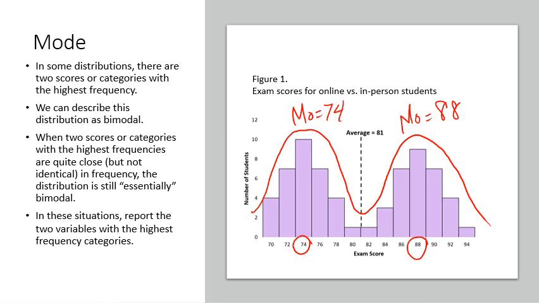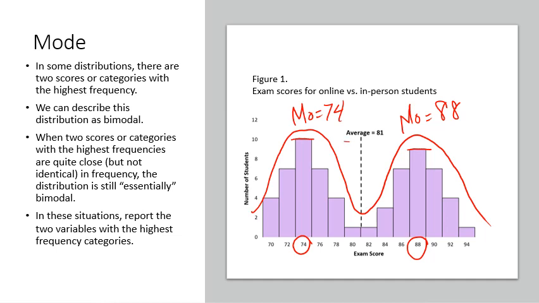You can see that they aren't exactly identical. This one appears to be around 10 in terms of frequency, and this one appears to be maybe around 9. But we still report that it has two modes because we see two peaks in the distribution. It's essentially bimodal. In these situations, we report the two categories with the highest frequency.